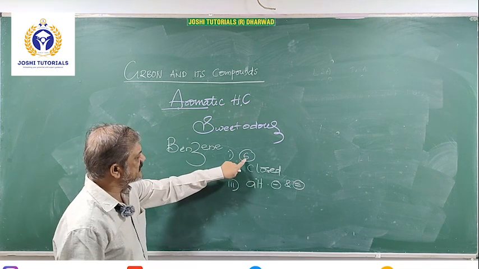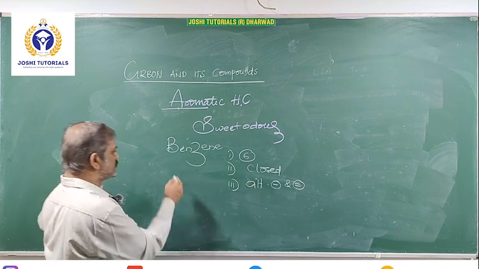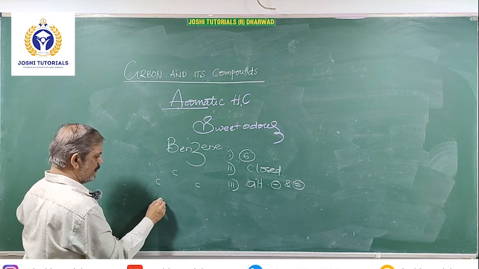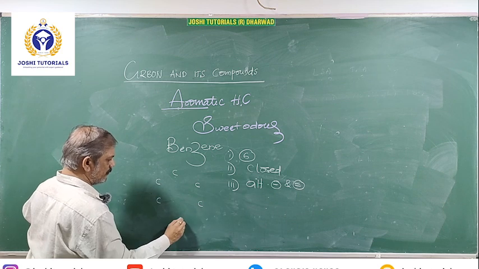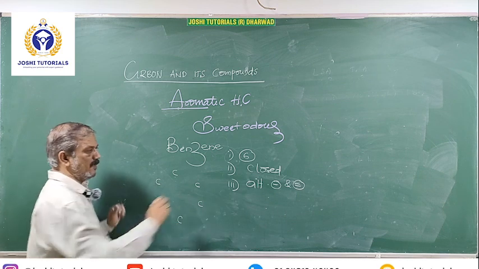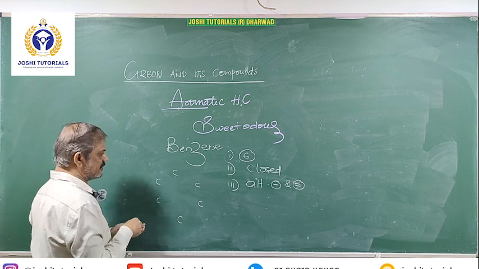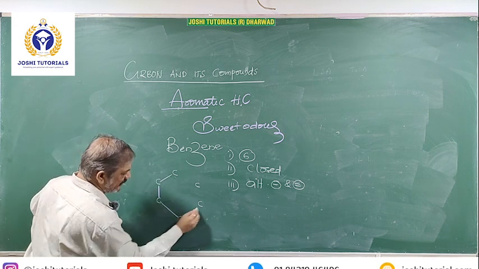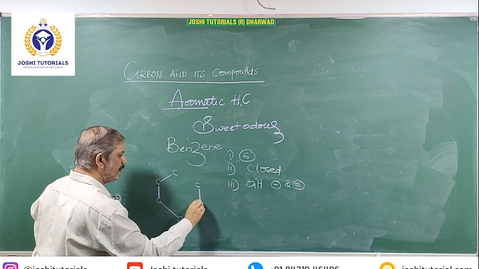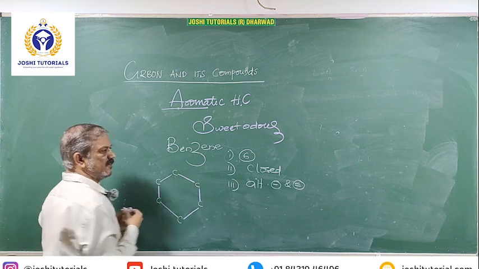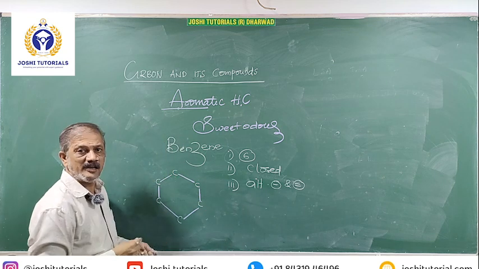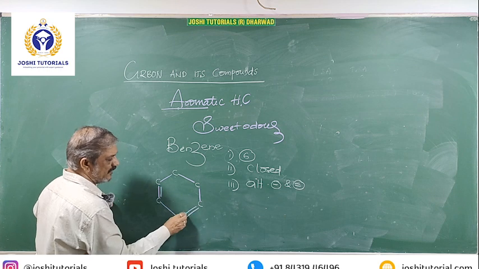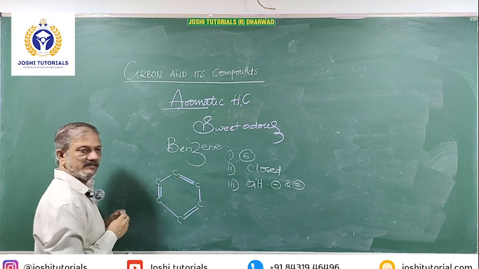So let us see. 6 carbon atoms should be closed: 1, 2, 3, 4, 5, 6. Close it. Alternate single, double bond: single, double, single, double, single, double.